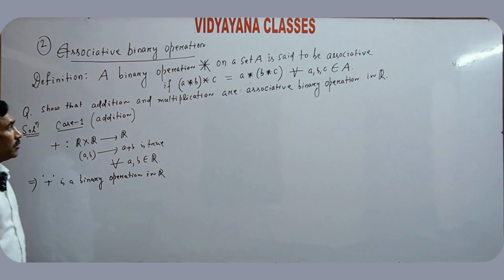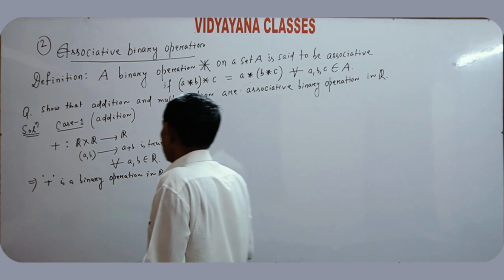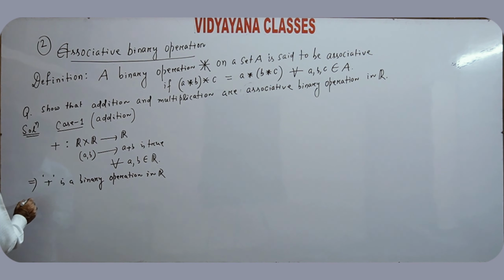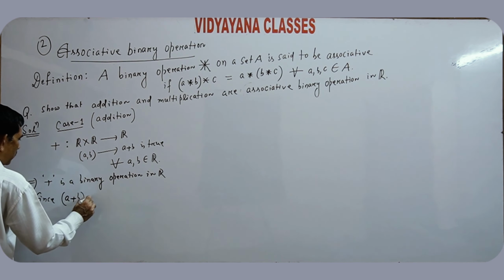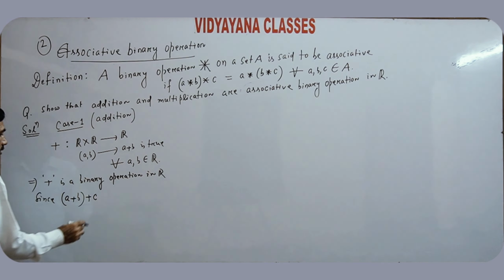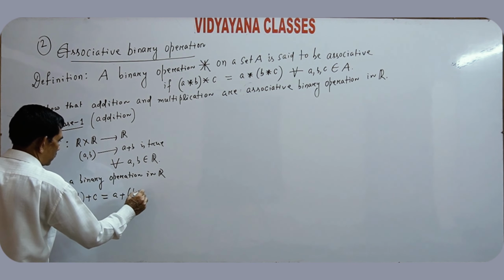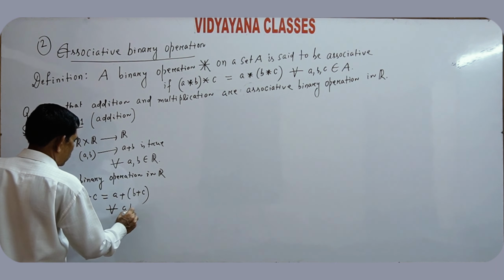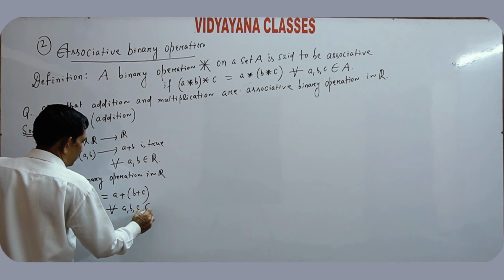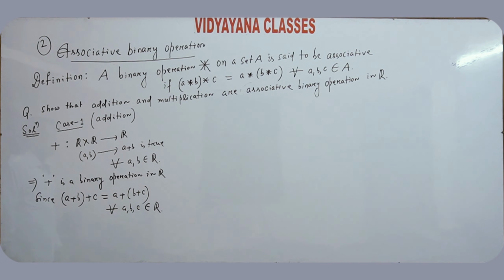Now we will show it satisfies the definition of associative. Since (a plus b) plus c is equal to a plus (b plus c) for all a, b and c belonging to the set of real numbers, it is always true.